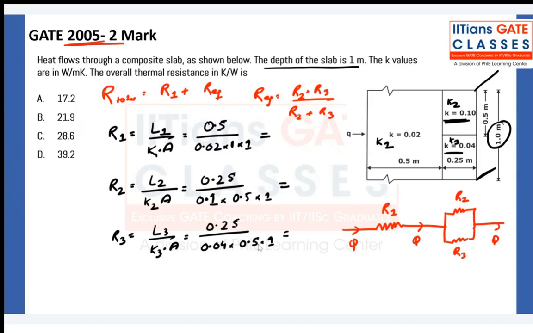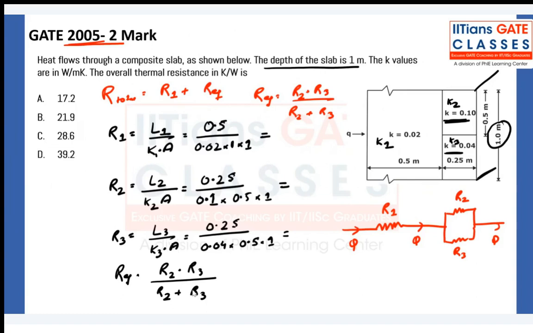Then calculate R equivalent. R2 into R3 upon R2 plus R3. Sean, how much is your R2? R1, R2, R3? R2 is 0.8. Is it correct? It doesn't seem to be correct. 0.25 divided by 0.1 into 0.5.